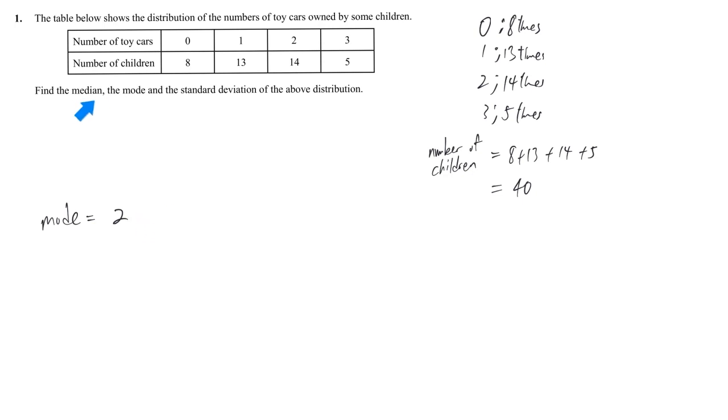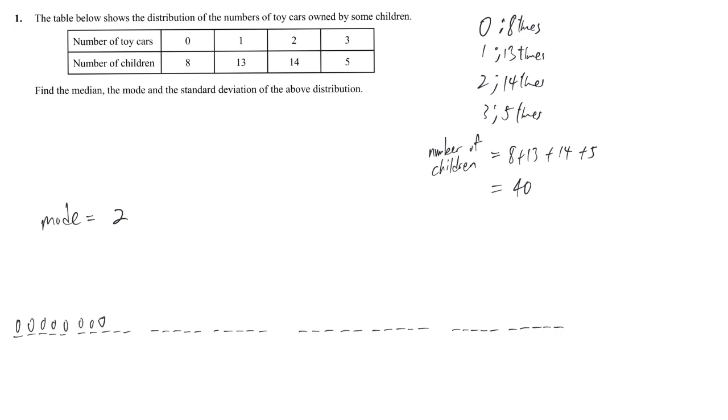And then we are going to find out the median. If you do not realize which one is placed in the middle by using this method, then we just use the most traditional method, which is to list out all the data. Just 40 data, it won't take you lots of time. I reserve 40 spaces here and then list out the values one by one, rather than grouping them together. So first there are 8 zeros.